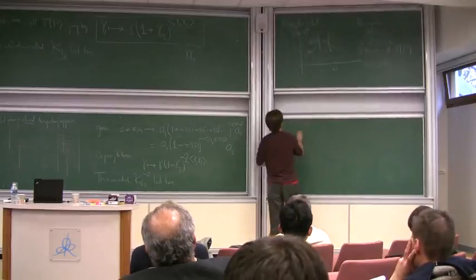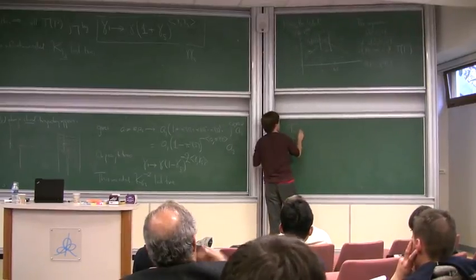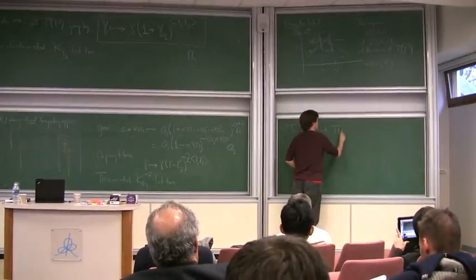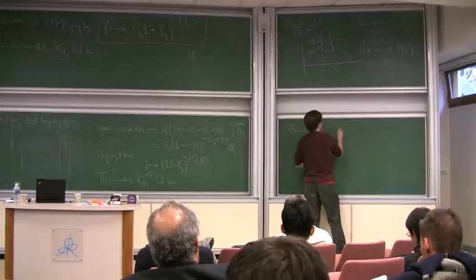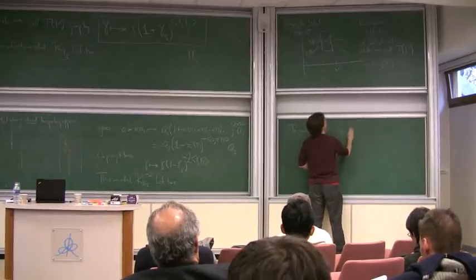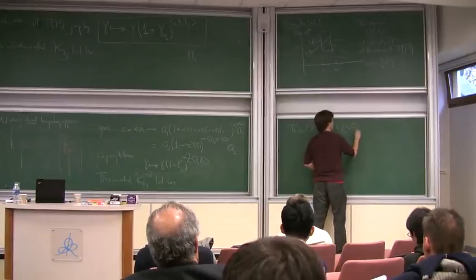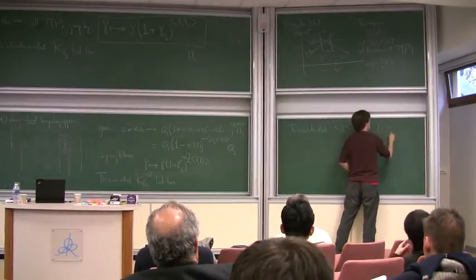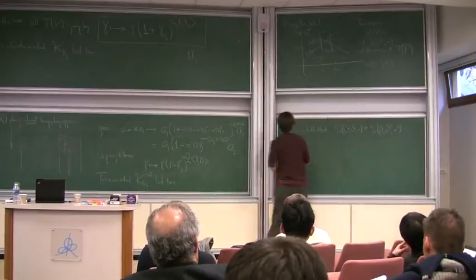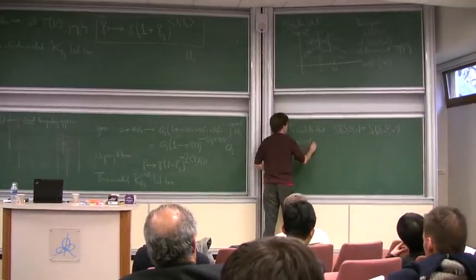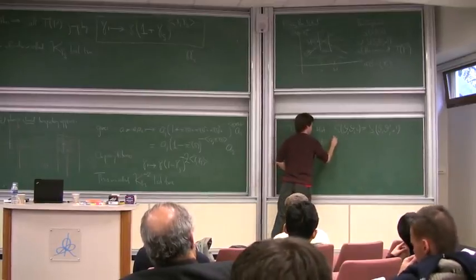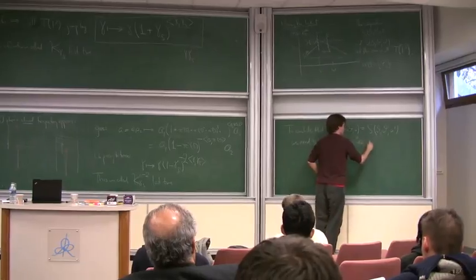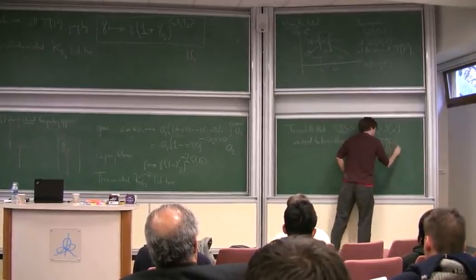So to conclude that S of theta, theta prime and U equals S of theta, theta prime and U prime, we need to know there are enough T of P's.